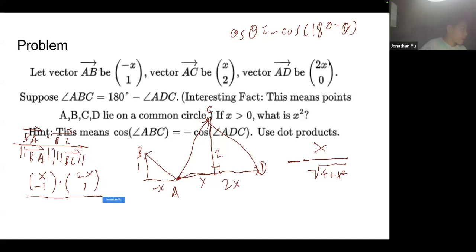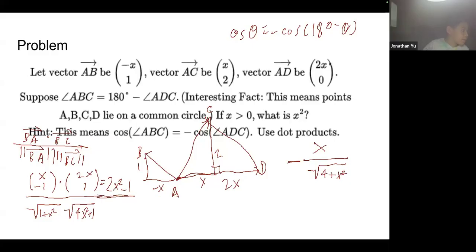And we can find their magnitudes again by using the Pythagorean theorem. And for the top part, we just use the definition. This is 2x squared minus 1.